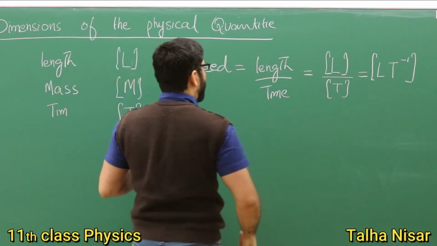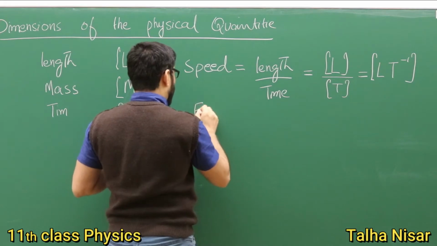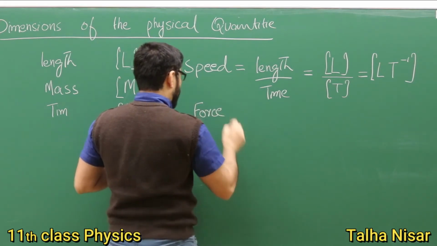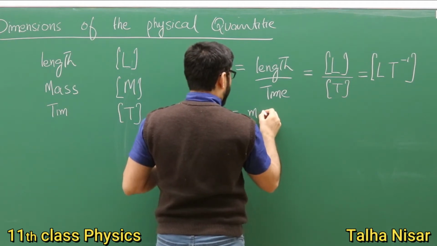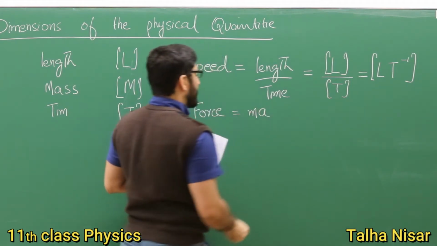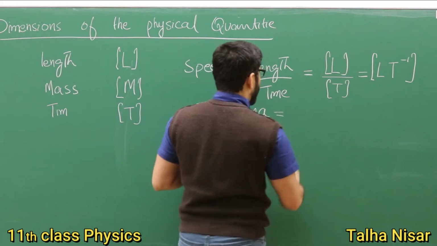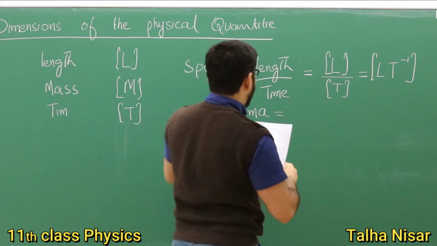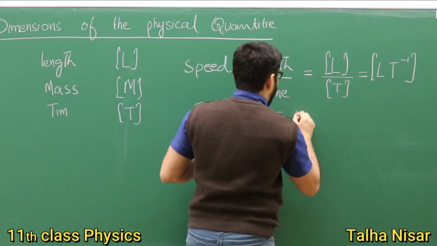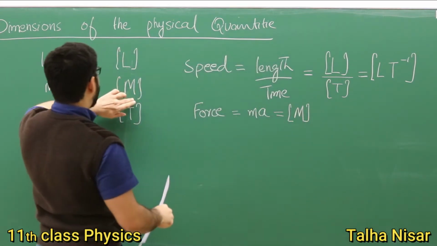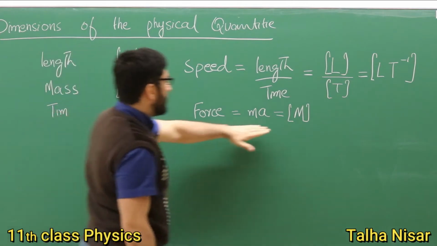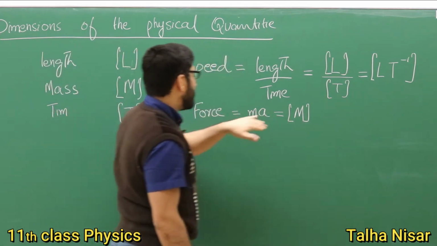Similarly, we have the force. Is the mass multiplied by acceleration. So for the mass we have the M, so M is the dimension of the mass.